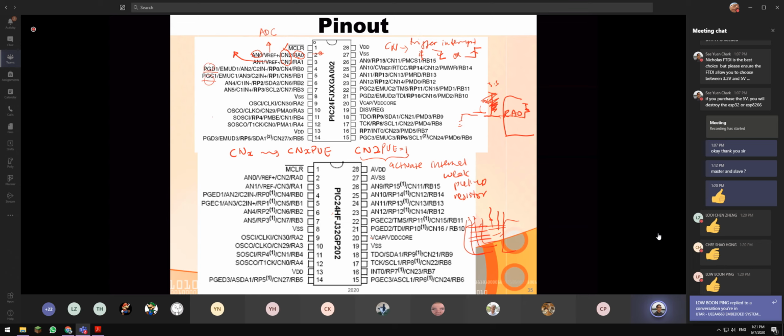Another interesting thing is this RP. RP means it's called a remapping pin. We will come to that later. Do you notice that in PIC24 you can't find external interrupt? Can you find this word inside here?